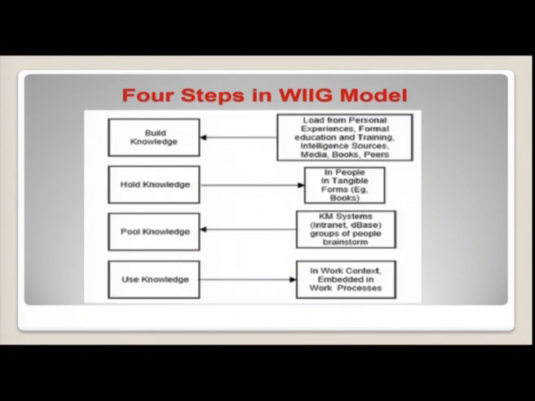Now let us see the 4 steps that are involved in this WIG model. The first step is called build knowledge, the second step is called hold knowledge, the third step is called pool knowledge, and the fourth step is called use knowledge. Now let us see all these 4 steps in detail.